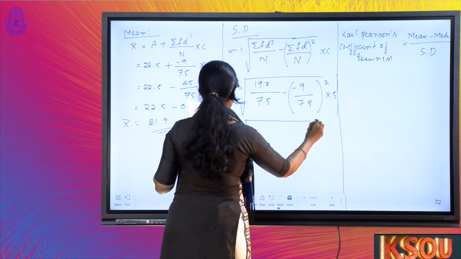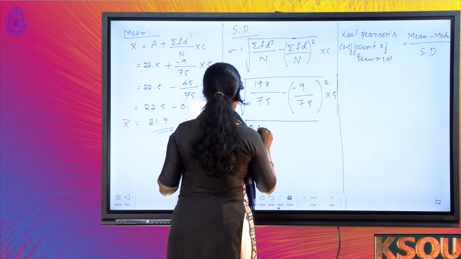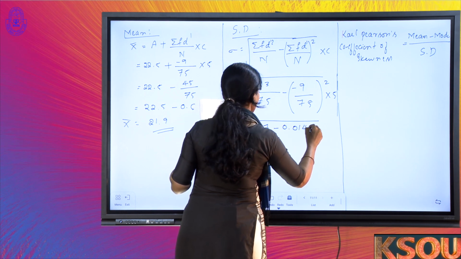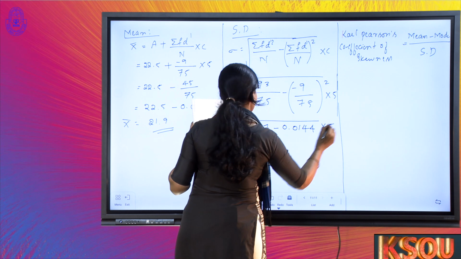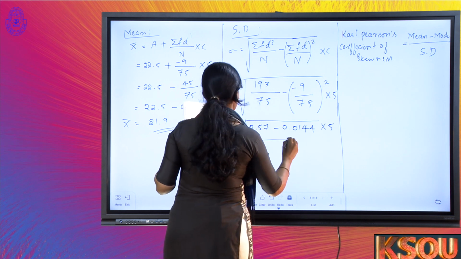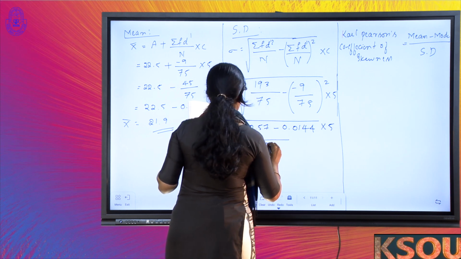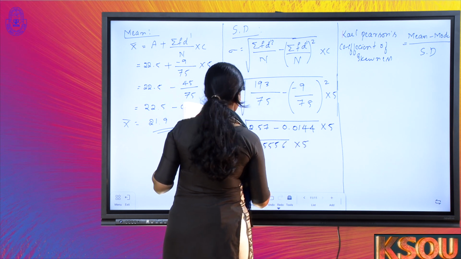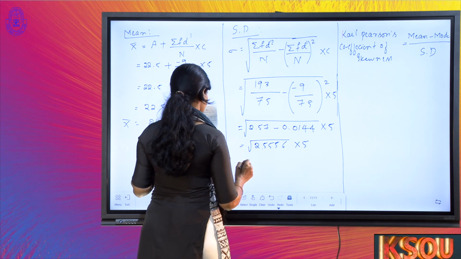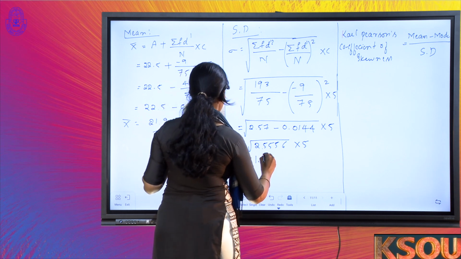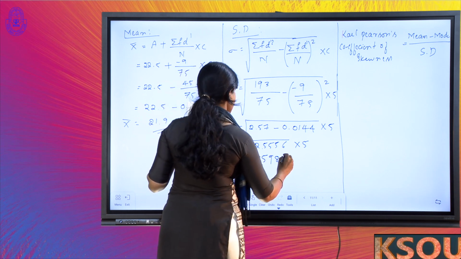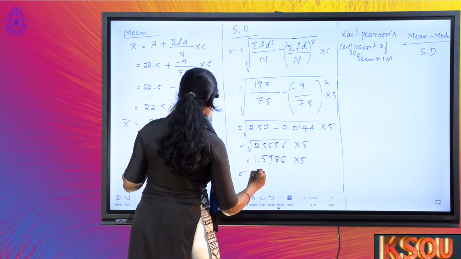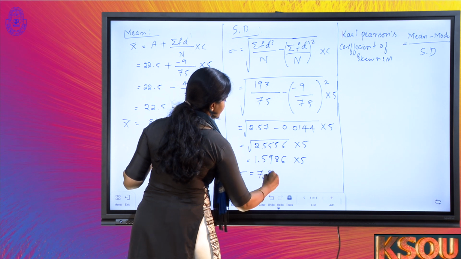So, you will have to get the values 2.57 minus 0.0144 into 5. So, square root of 2.5556 into 5. Then if you take this square root, then you will get 1.5986 into 5. Finally, you will be getting the standard deviation value, that is 7.99.